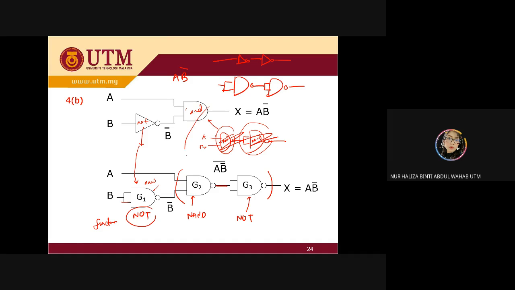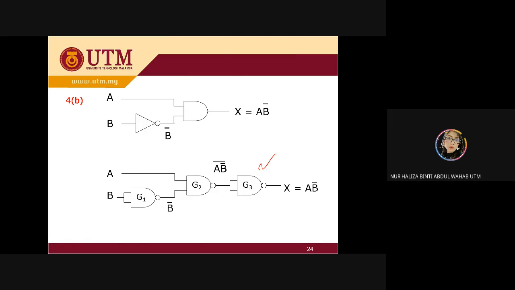But now here you can see in this representation, it is a NAND function. You see here, this is NAND and it's connected to the NAND also, but the function now is NOT. So that's why you cannot simplify these two. So this is the final answer.